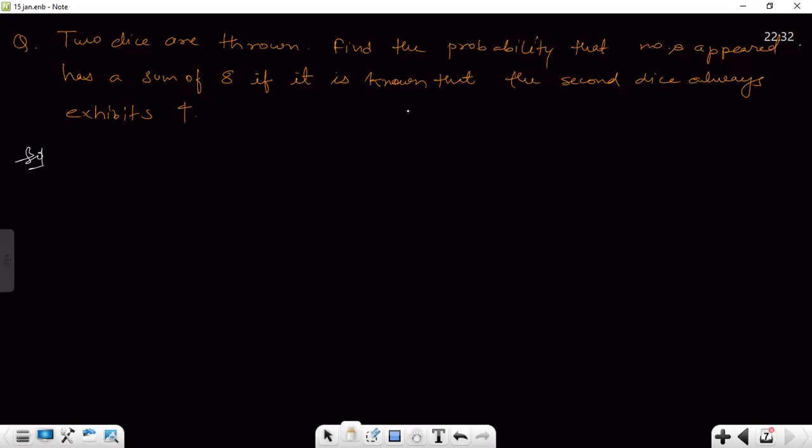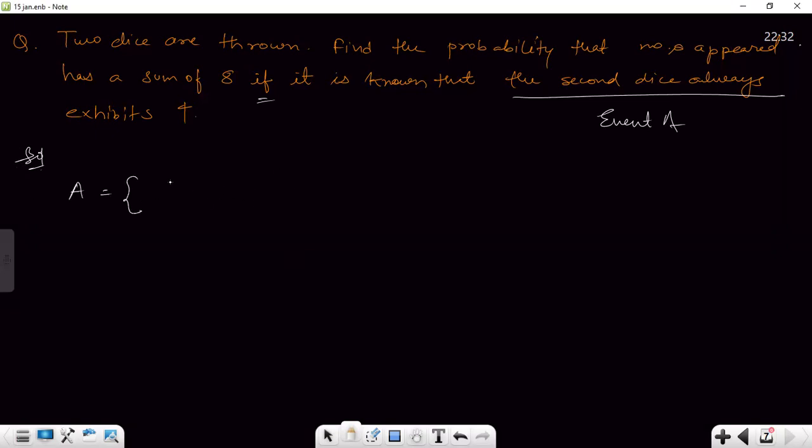So the given event, it is known that this is the given event. Let's call this event A. So how many cases are there for event A?